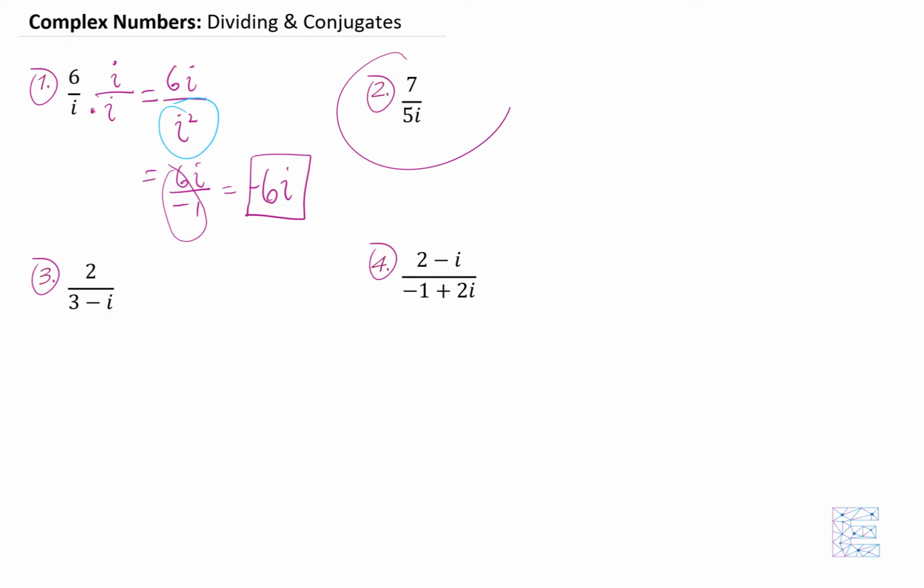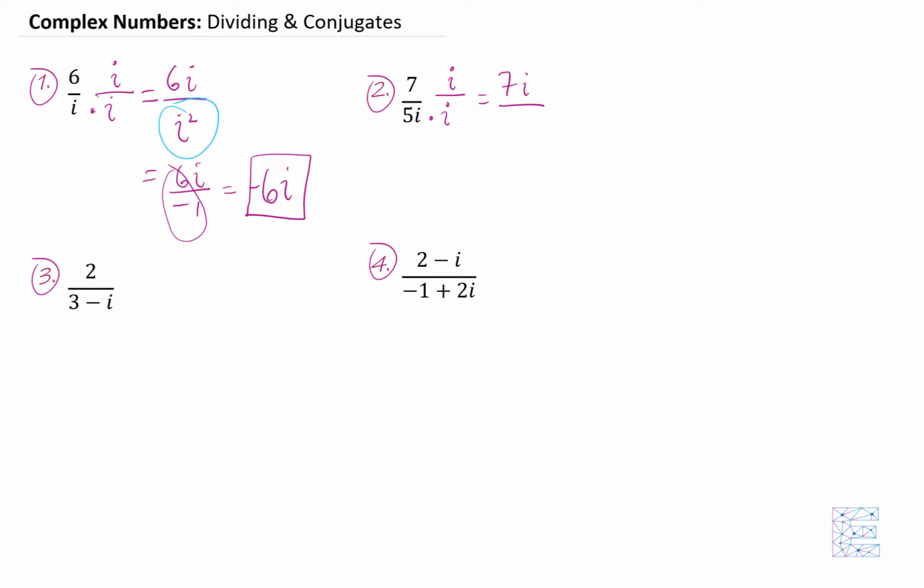For the second question, which is 7 over 5I, we once again have I as a denominator, and that's not allowed. So to fix it, we are again multiplying by I. If you do it on the denominator, you have to do that same exact thing on the numerator. So 7 times I is 7I.